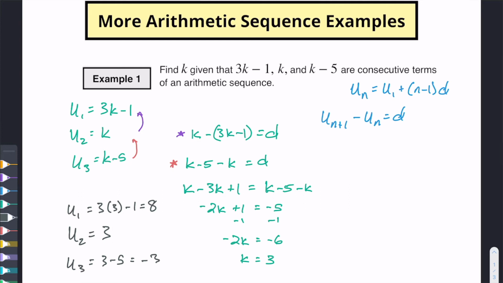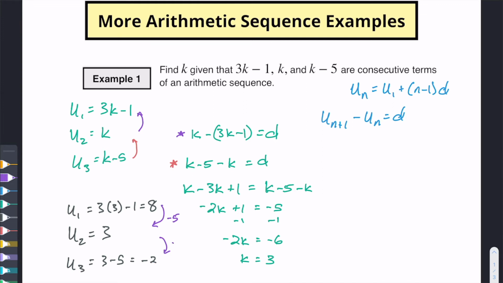Okay, so let's check. Is there a common difference? If I go here to here, I'm subtracting 5. If I'm going from here to here, 3 minus 5, did I do that right? No, here's my mistake. This is minus 2. So 3 minus 5 is minus 2.